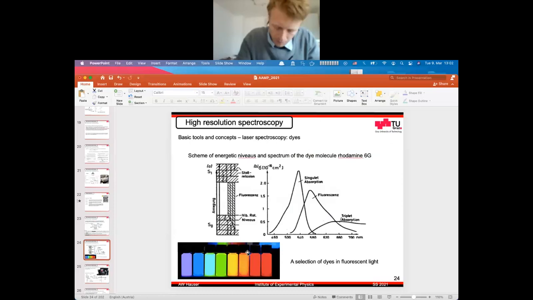Now, if we look at the energy, electronic energy of the system as a function of the internuclear distance R, we get a potential energy surface. And I'll draw this ground state potential energy surface.